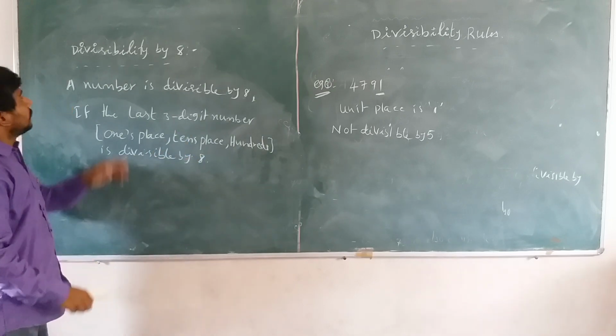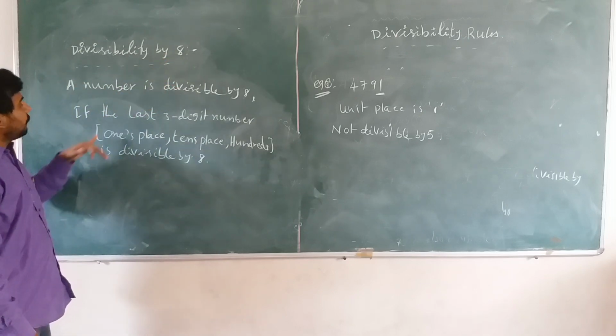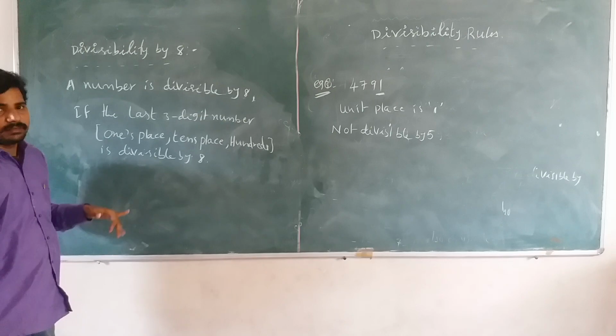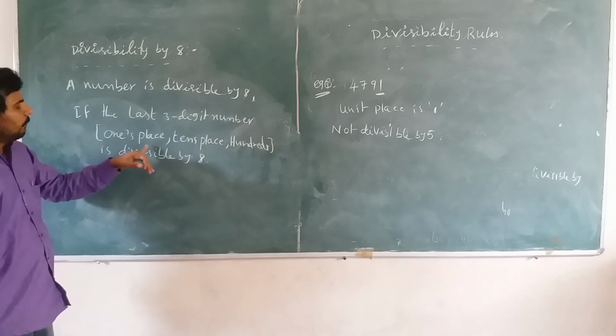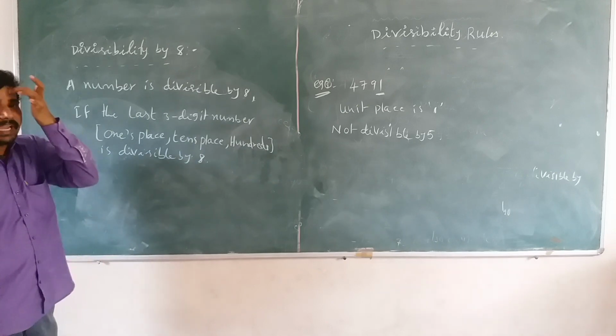Once again, children, divisibility by 8: a number is divisible by 8 if the last 3-digit number, meaning ones place, tens place, and hundreds place, is divisible by 8.